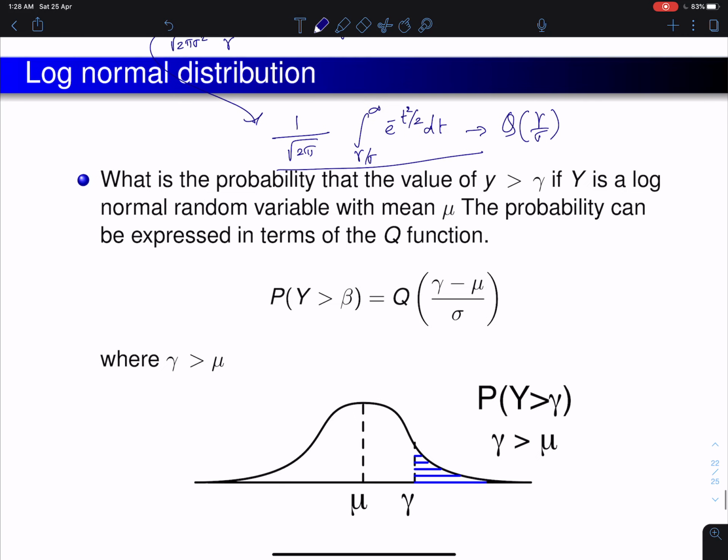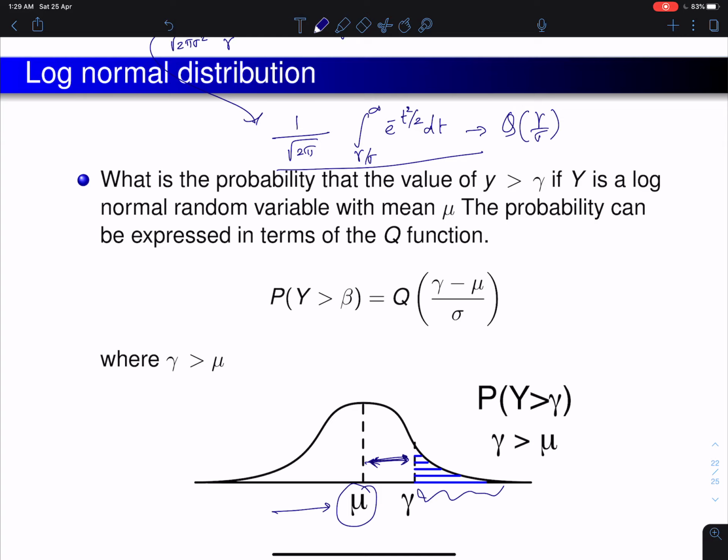Now what if this distribution has a finite mean mu? In that case, how does the expression for this area change? You should understand that what matters to us is this distance from the mean.